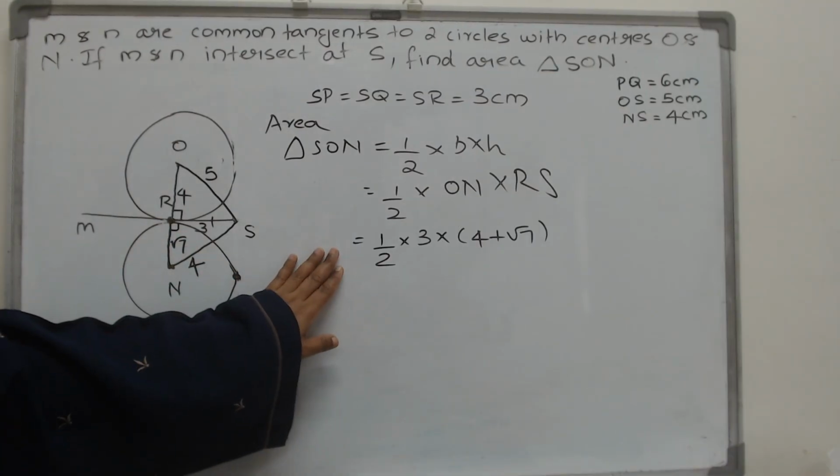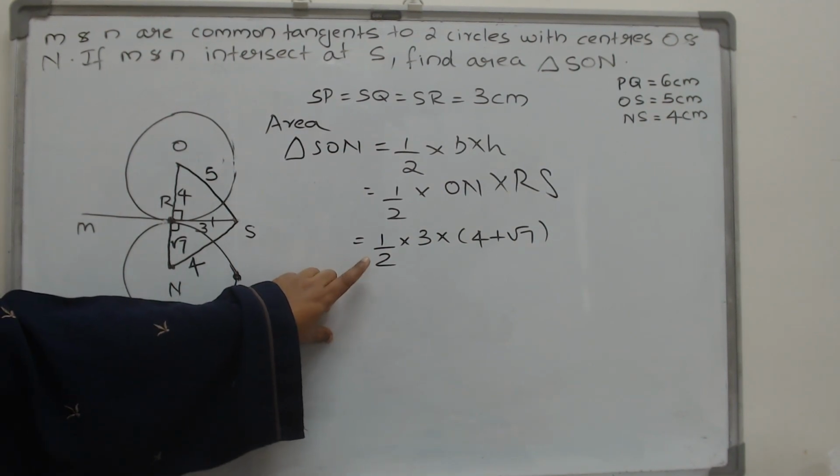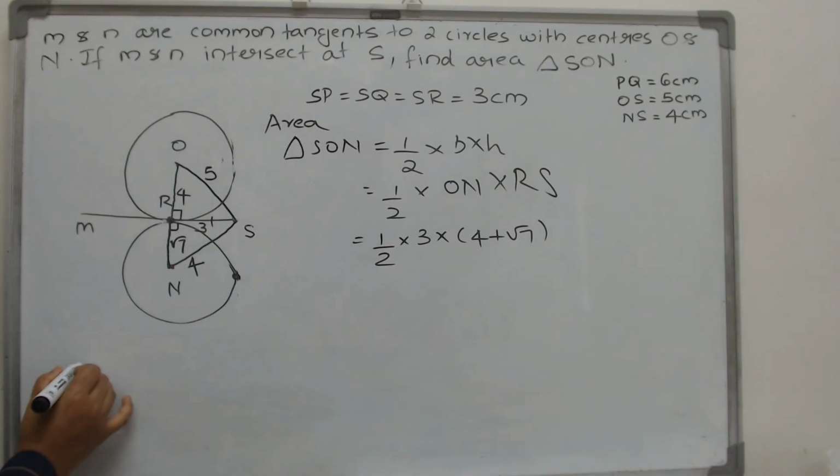Now this is the answer that we were looking for, but can you tell me what will this value be approximately? The options are given. If you were to guess, can you tell me what will be the approximate value? For that, can you tell me 7 lies between which two perfect squares? 7 lies between 4 and 9, 2 squared and 3 squared.